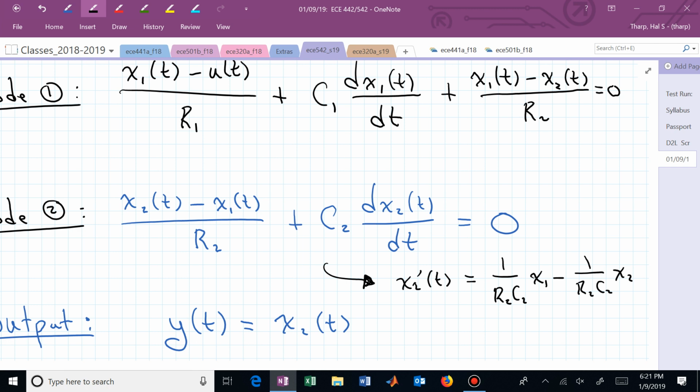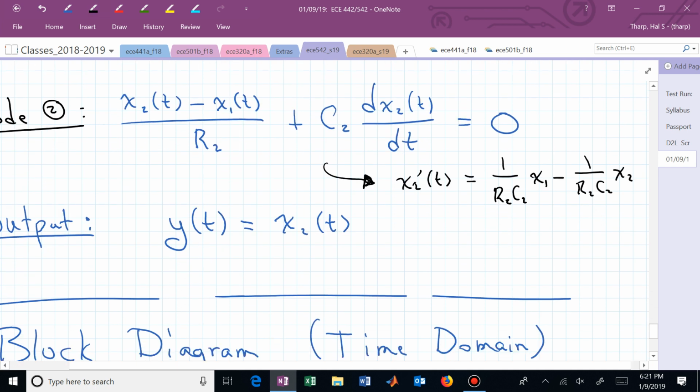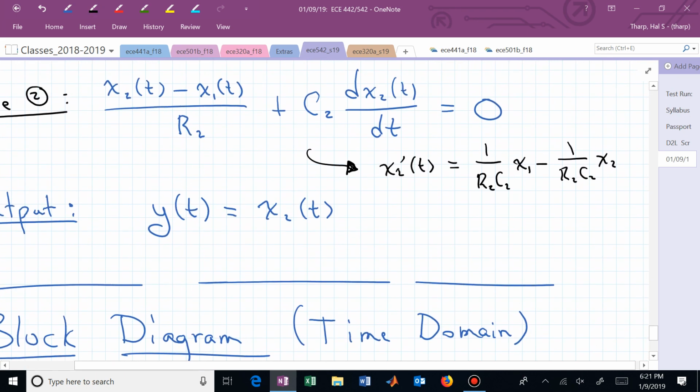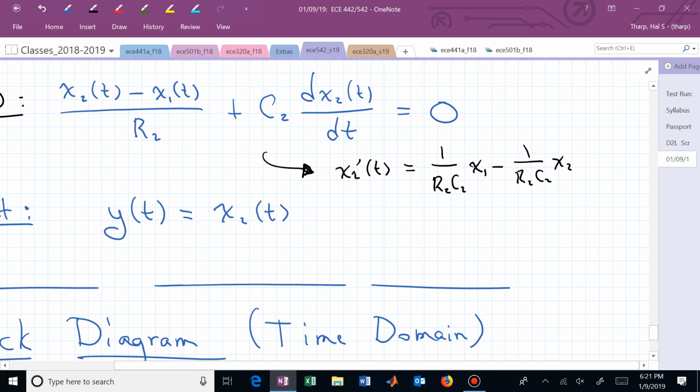I now need to make that x2 prime signal in my all-integrator block diagram a linear combination of those two terms on the right. Or I now need to scale x1 by this 1 over r2c2 and add that to a negative 1 over r2c2 scaling x2.